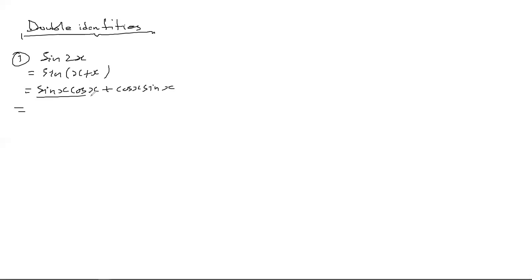But this thing is exactly that thing. Remember, multiplication is commutative. So this therefore should be 2 sine x cos x. End of proof. That's it.